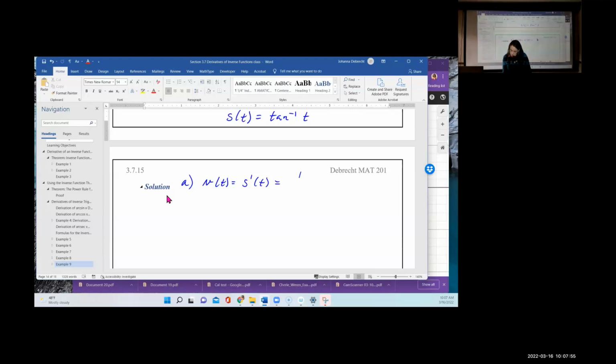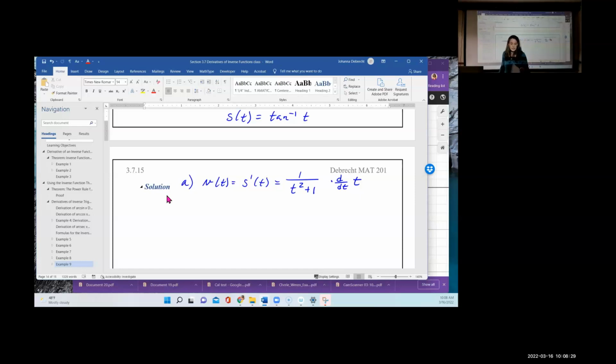So this becomes 1 over t squared plus 1 times the derivative with respect to t of t. Notice that the formula has changed to d by dt, not d by dx, because the independent variable is t. We call this the differential, so the differential changes depending on the independent variable. Ours is t, so it's d by dt, not d by dx.